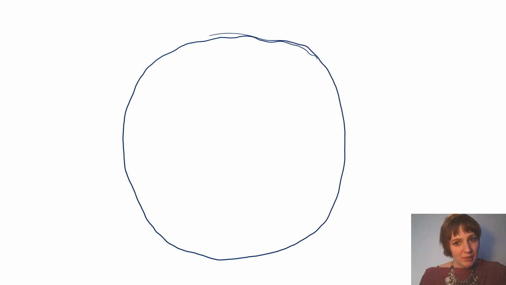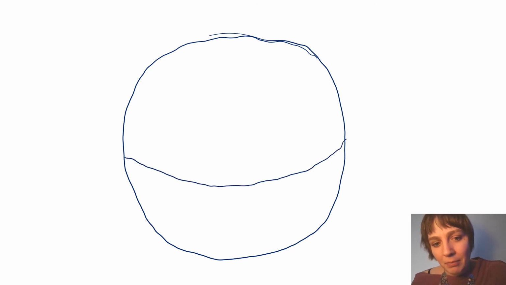It's supposed to represent the Earth, and I'm going to go ahead and draw the equator on mine. Okay, now the first question to ask ourselves is where on the planet it's hottest and where on the planet it's coldest. So give it a think.